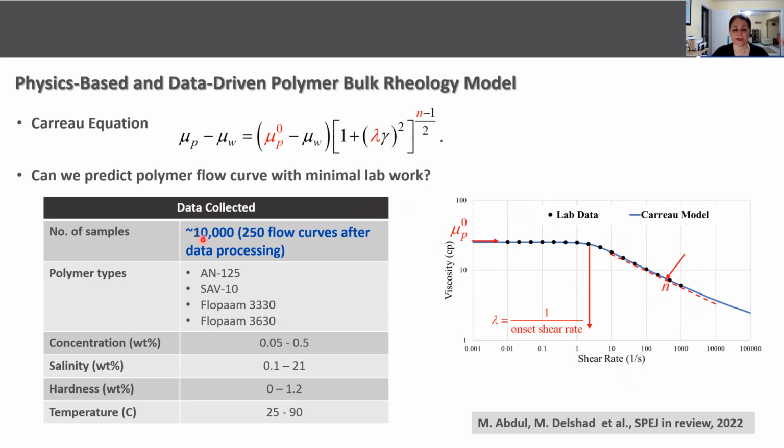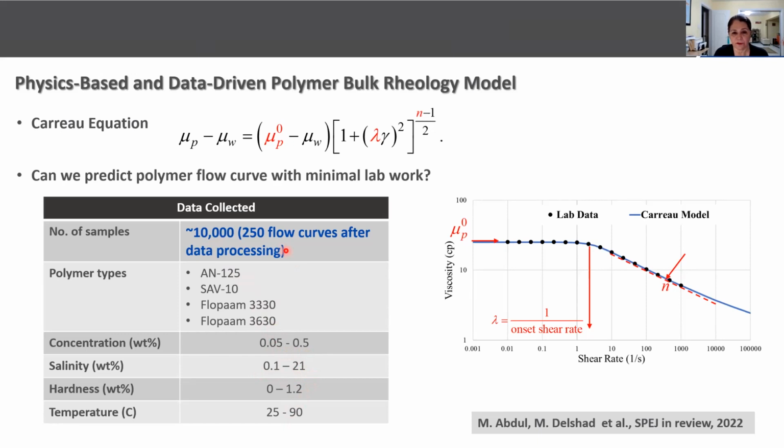So we collected about 10,000 data points for different polymers, AN125, SAV10, and 2 FlowPAM products, for a wide range of concentration of polymer, wide ranges of salinity, hardness, and temperature. And spent a lot of time to QC the data.